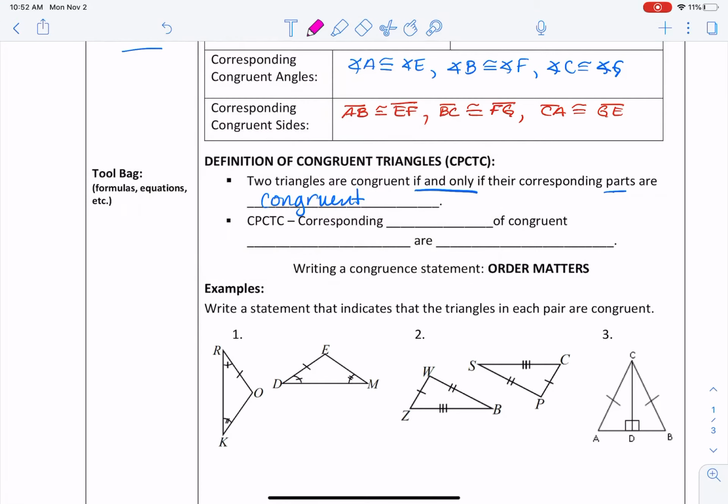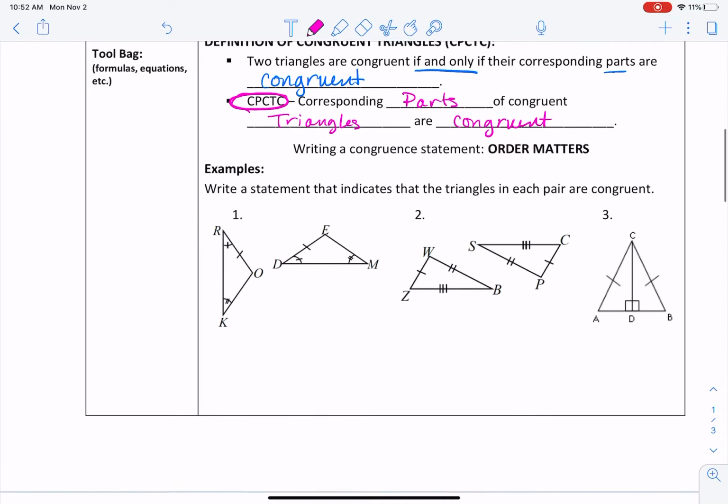Or if I know the triangles are congruent, then I know the parts are. So corresponding parts of congruent triangles are congruent. We abbreviate that justification with CPCTC, because you have to be able to justify why you say that things are congruent. Let's come down here and look at some of our examples.